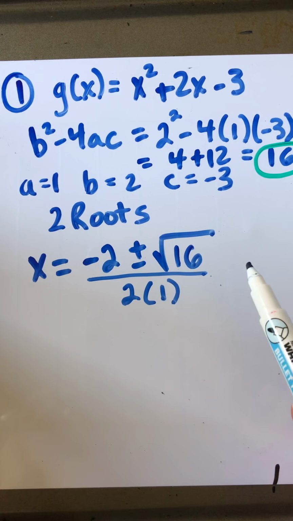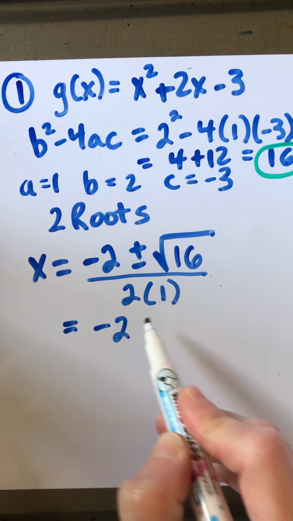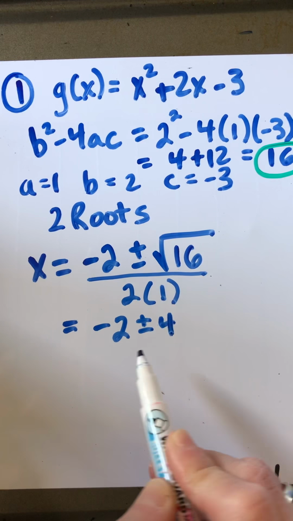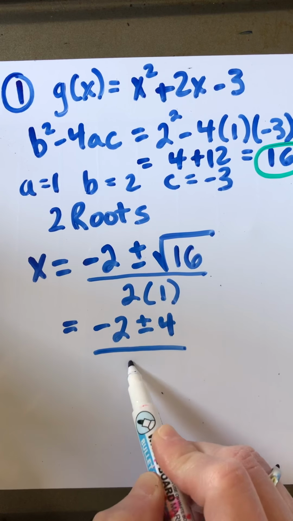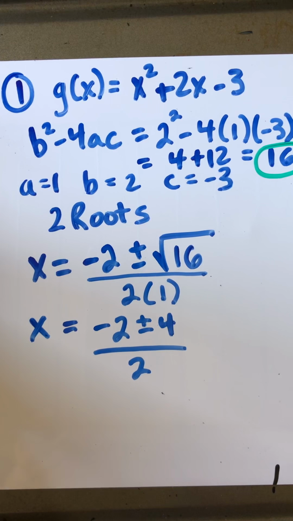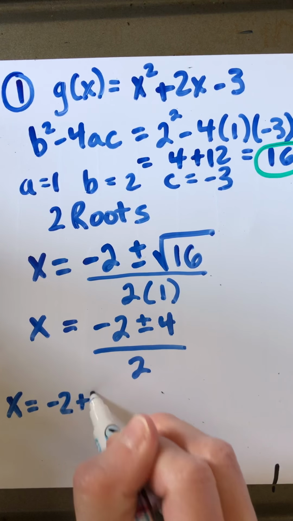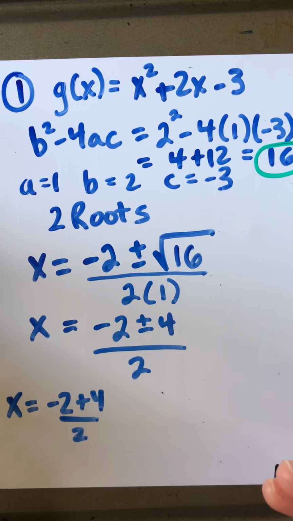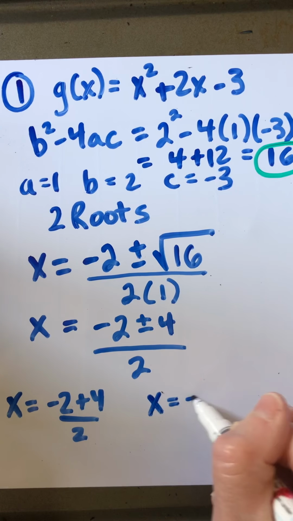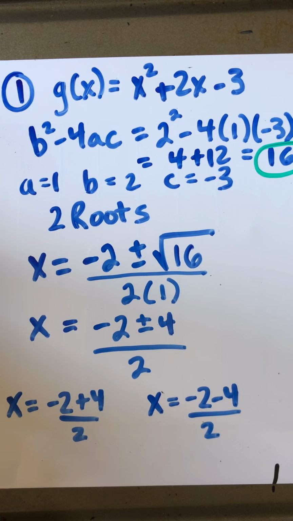So now I'm ready to simplify things a little bit here. The square root of 16 is 4. So I've got negative 2 plus or minus 4 divided by 2 times 1, which is 2. So this is the point at which I can look at my 2 possible solutions. I have x equals negative 2 plus 4 divided by 2, and I have x equals negative 2 minus 4 divided by 2.